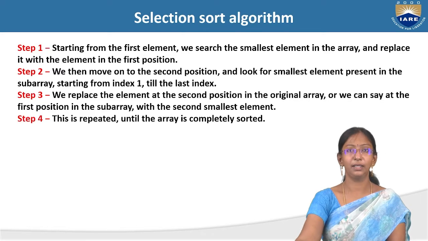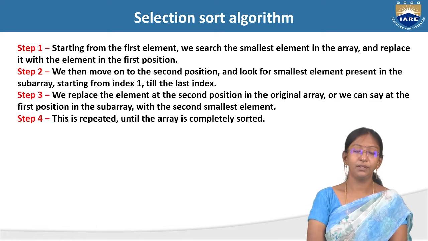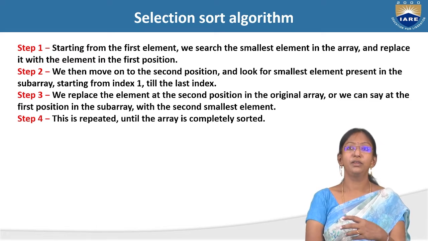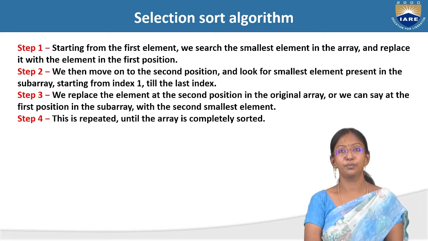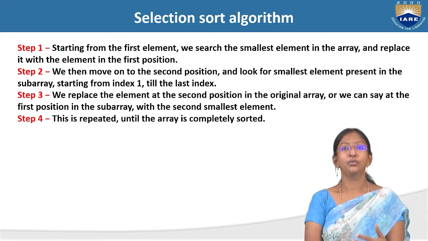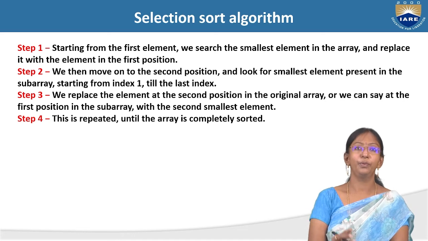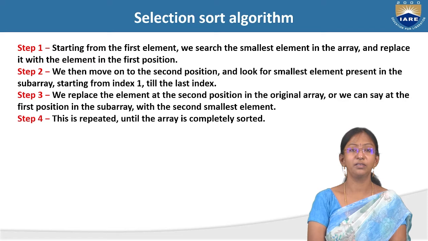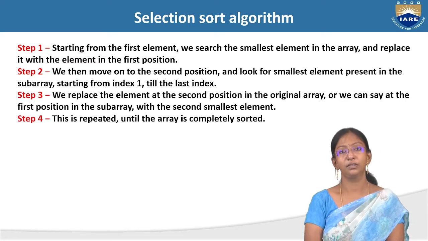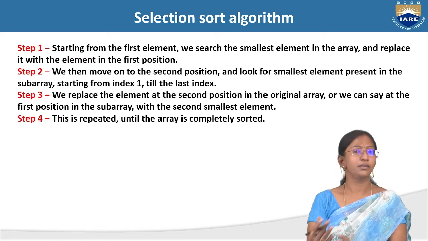Let's have a look at the algorithm. Starting with the first element, we search for the smallest element in the array and bring it to the first position. Repeat the same: move to the second position, find the second smallest element, and bring it to the second index.